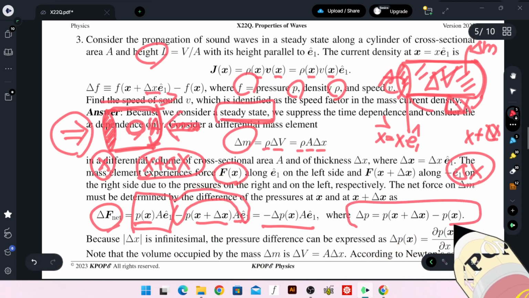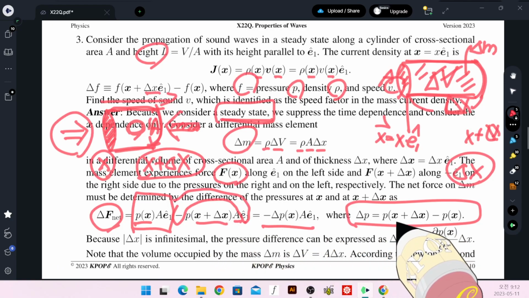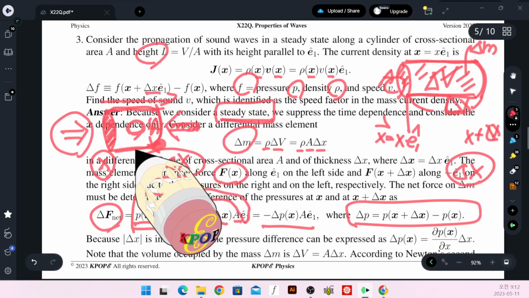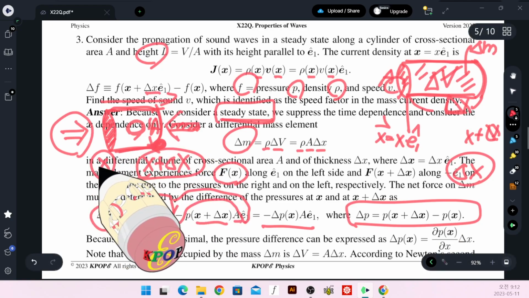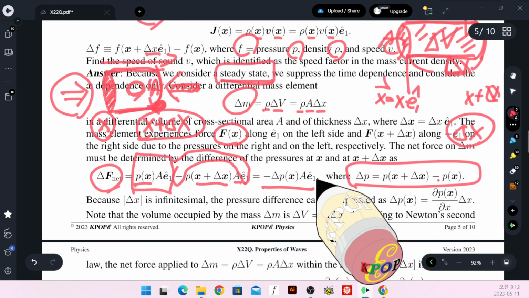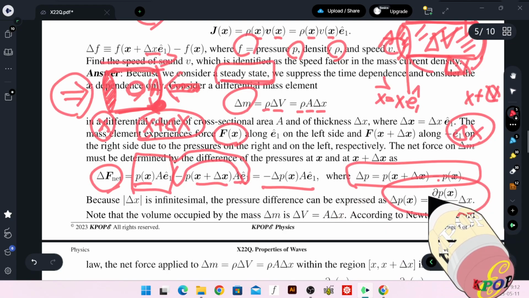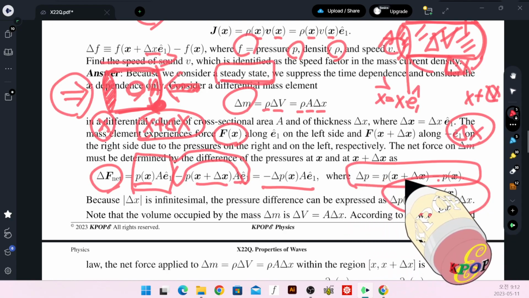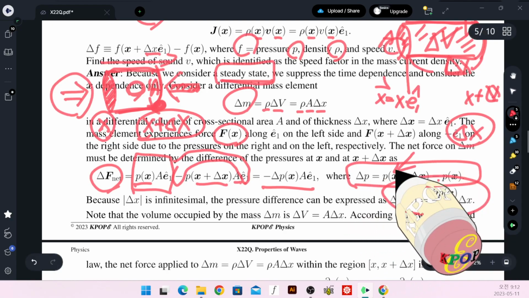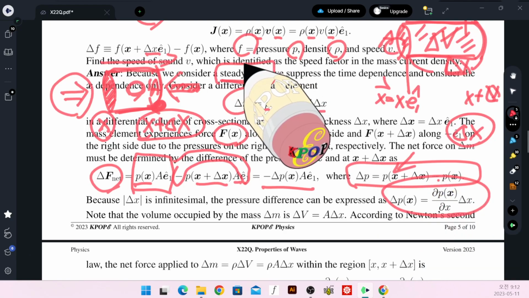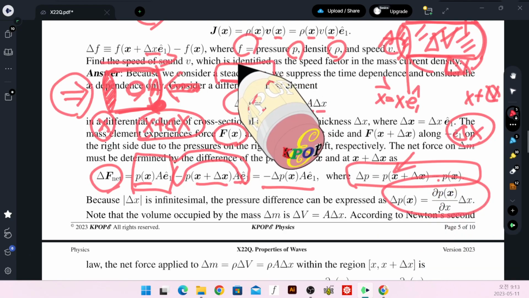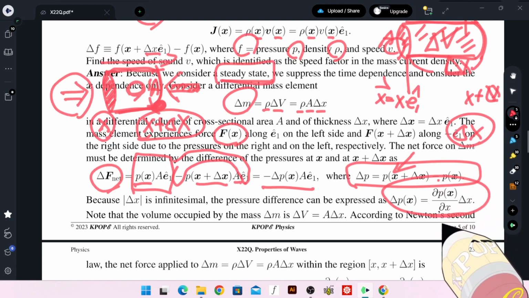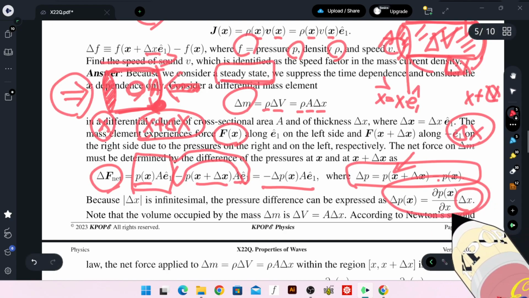This delta P represents the difference between P at x plus delta x, the right side, subtracted by the left-hand side. This can also be expressed as a product of the total differential in powers of the differential of x. Because of the time independence of this steady state solution, we can just take the partial derivative with respect to x and multiply by the differential of x.